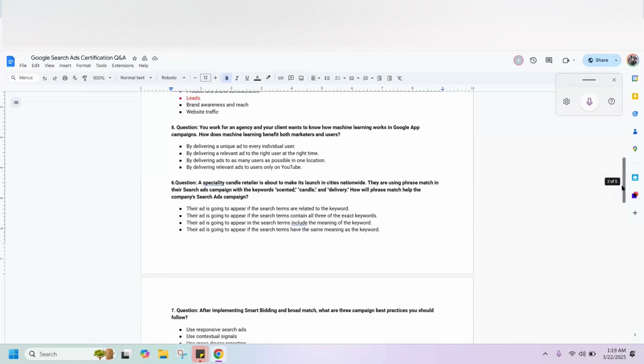You work for an agency and your client wants to know how machine learning works in Google App campaigns. What's a Google App Campaign? Like the App Store?